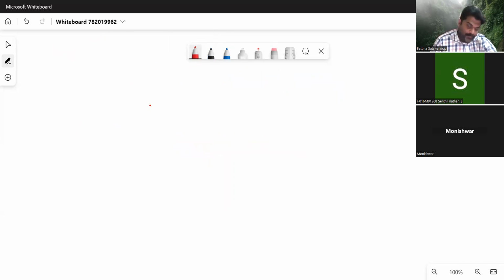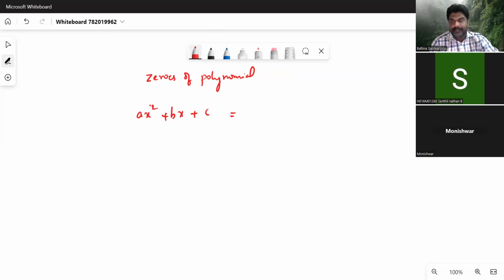There is something called zeros of polynomial, as I told. Now let us say there is an expression ax square plus bx plus c whose zeros are alpha and beta. So that will be nothing but k into x minus alpha into x minus beta, where k is the constant. Now if I elaborate this thing, see these are coefficients, right?